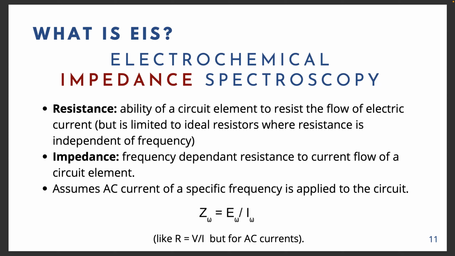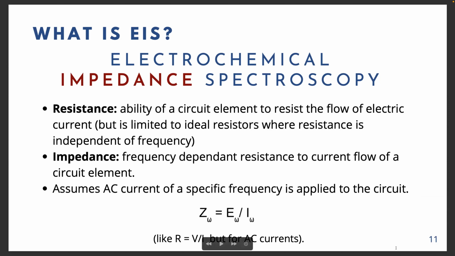Impedance assumes that an AC current of a specific frequency is applied to that element, and then we measure what the resistance to flow of current is. And this is how we can calculate impedance. It's equal to the voltage divided by the current. This might look familiar because it's like Ohm's law, except it's extended to AC currents.